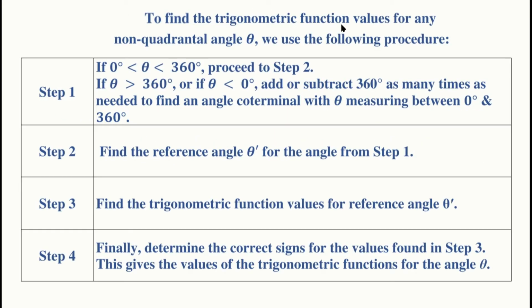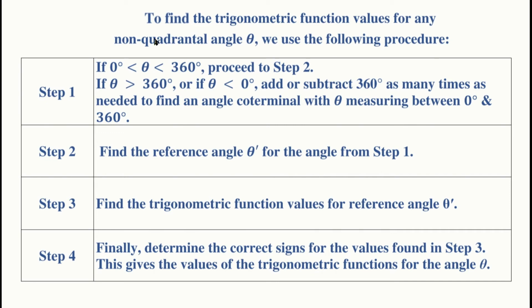If the angle has a measure which falls between 0 degrees and 360 degrees, we move on to step 2, which is simply find the reference angle theta prime for the angle from step 1, find the trigonometric function values for the reference angle theta prime, and then just adjust the signs, depending on the quadrant where the terminal side of the original angle falls.